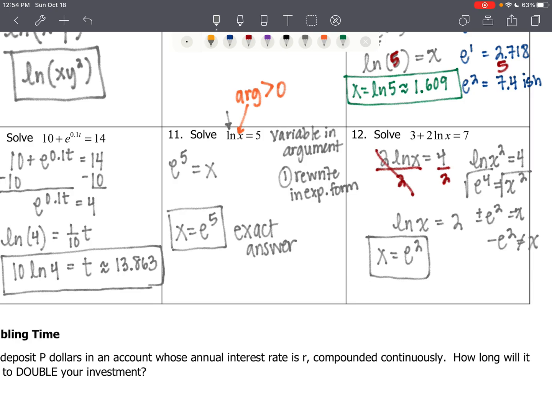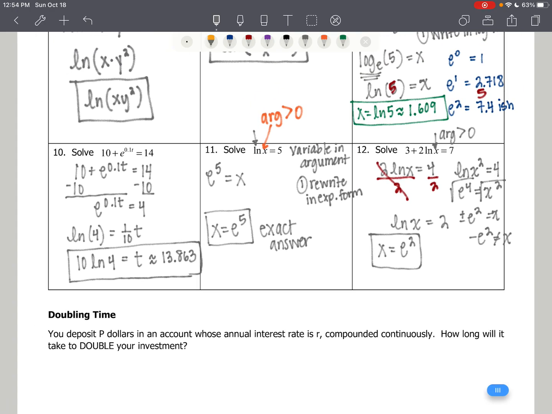How come x cannot equal negative e squared? Well, that's because your argument has to be greater than 0. And negative e squared would be negative. It would be less than 0, not greater than 0. Your argument has to be greater than 0. And anything less than 0 isn't going to work.